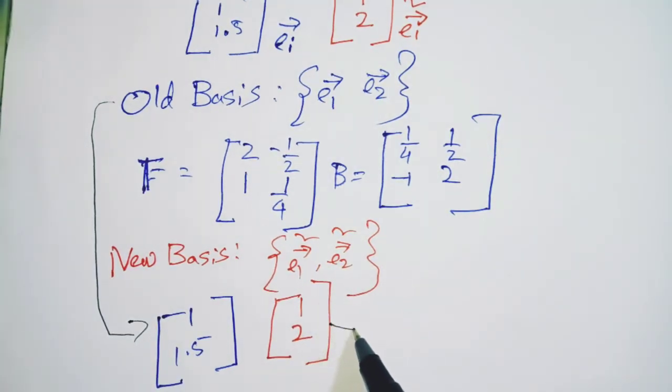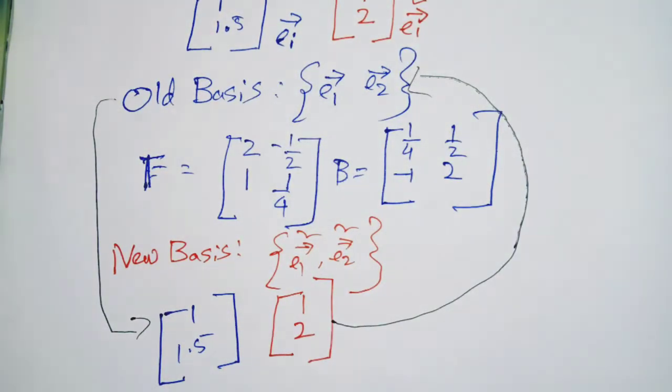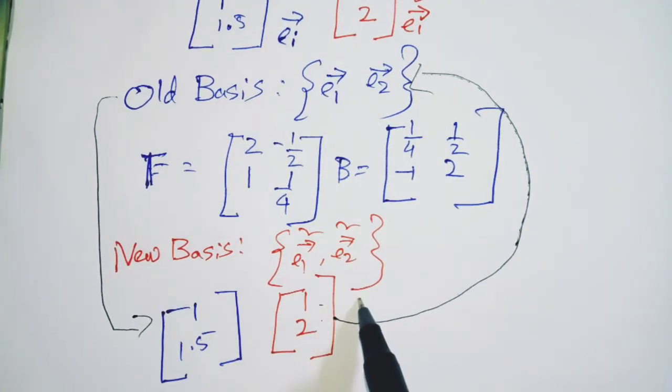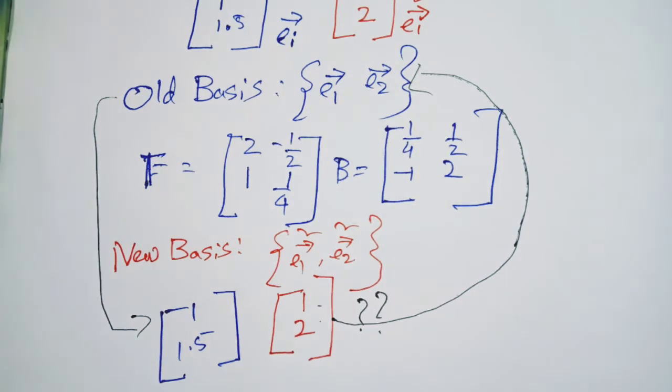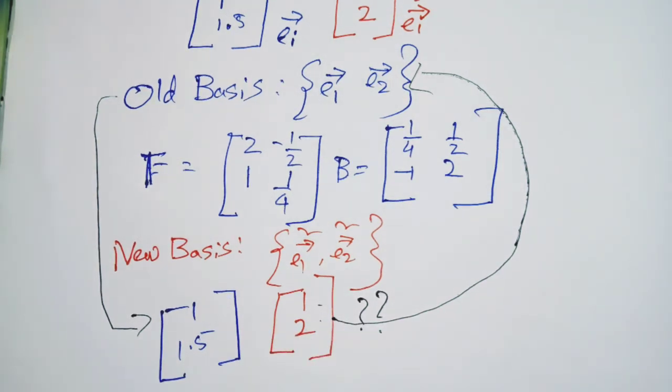Now we need to apply the backward transformation to see if we can get back to this value. I will put a question mark. Can we get back to this value? That means, by applying backward transformation, can we get back to the new basis, which has the value 1 and 2? That is exactly what we are going to do.